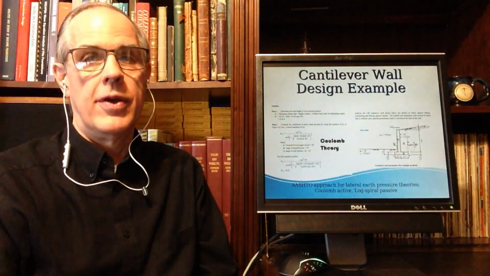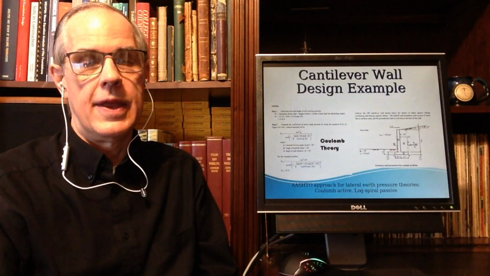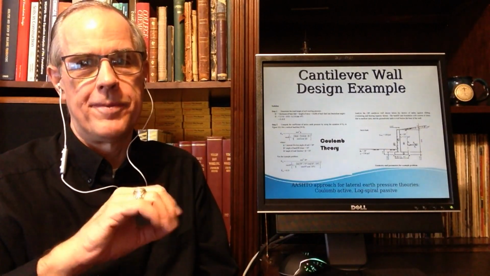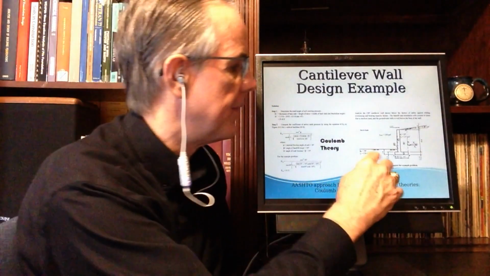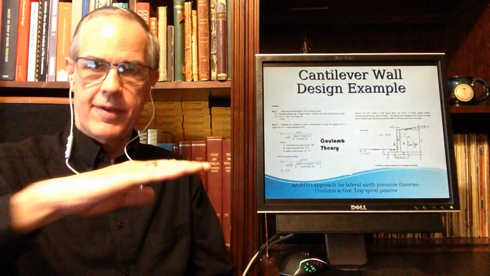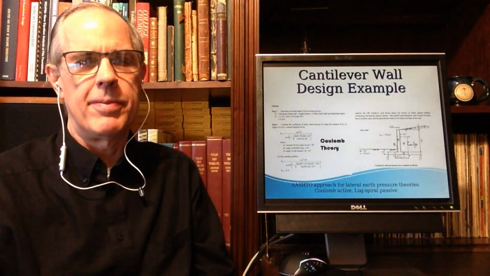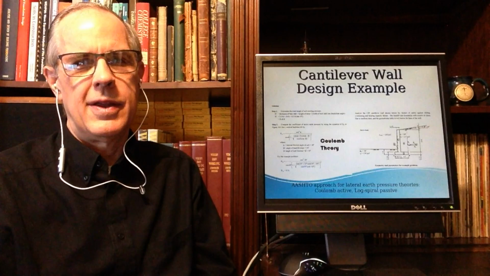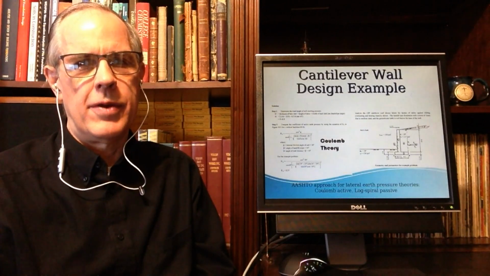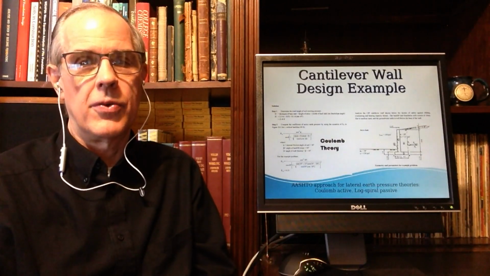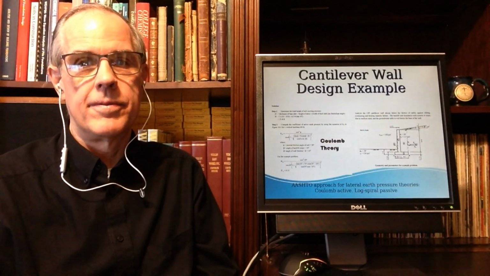We normally ignore those. They're too dependent upon the quality of the soil on this side. If they're just leveling it up, the compaction may not be too hot, and if we try to rely on that, we'd be in big trouble. So we're not going to rely on that for this.